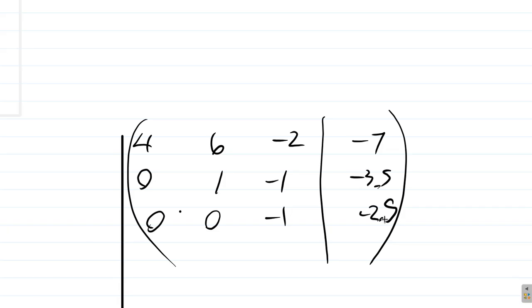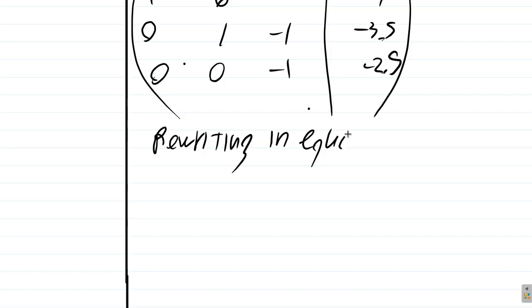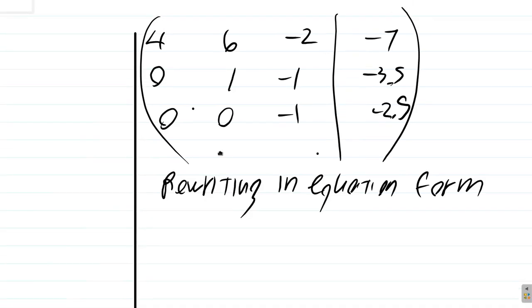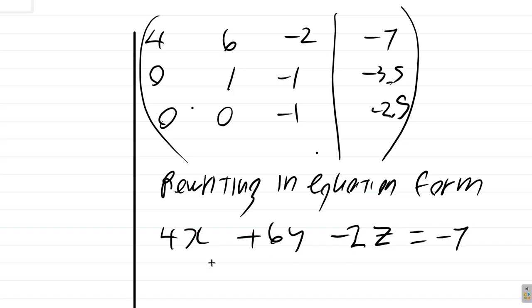So let's see how that one will go. Rewriting in equation form, it would say 4x plus 6y minus 2z equals negative 7.